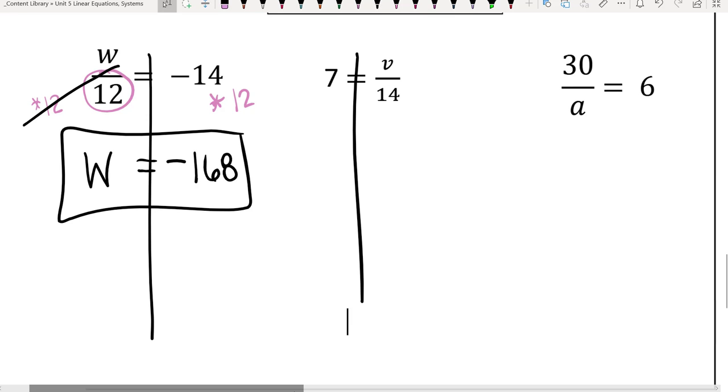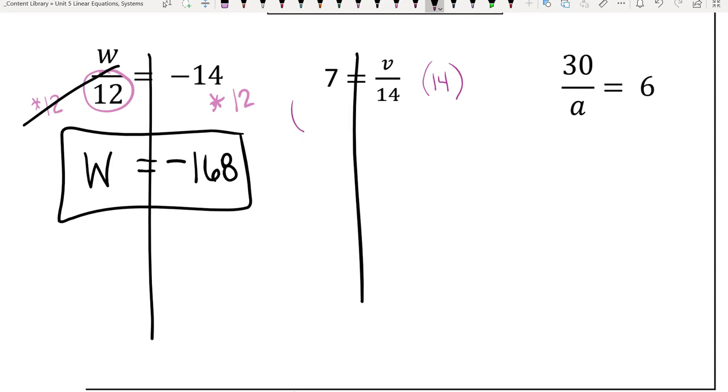Draw your line at the equal sign. The number that is with the variable is divide by 14. So to eliminate divide by 14, I'm going to multiply by 14.